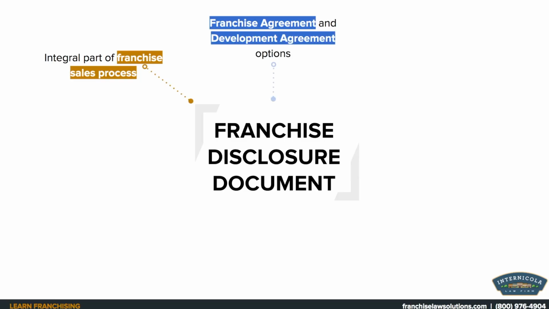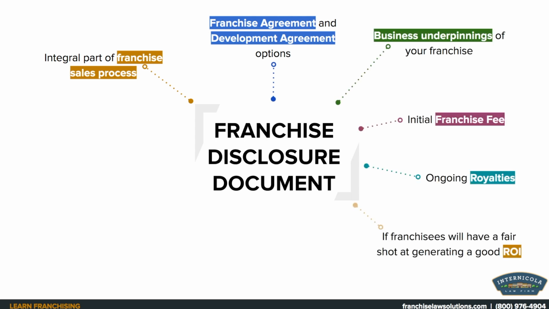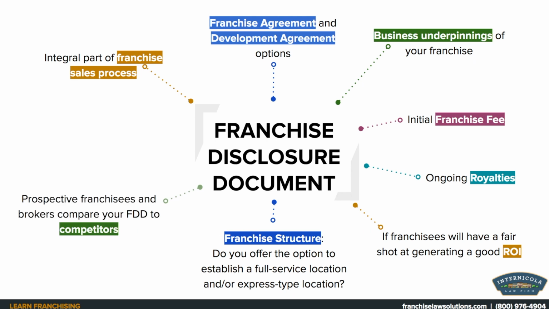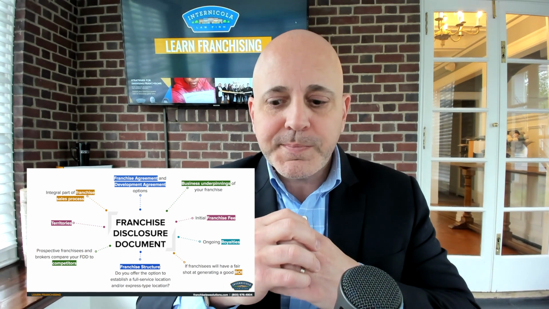You're also complying with state laws, and each state has certain requirements or addendums that are going to be added to your FDD. But also from a business standpoint, everything that's involved in your franchise offering, the initial franchise fees, the ongoing royalties, territory structures that you grant, whether or not you offer individual unit franchises or multi-unit, that's all laid out in your franchise disclosure document itself.